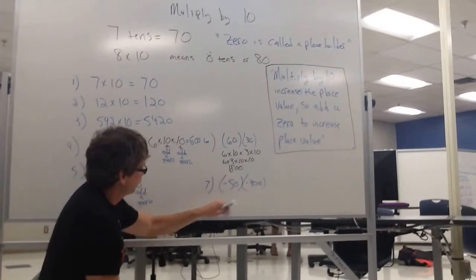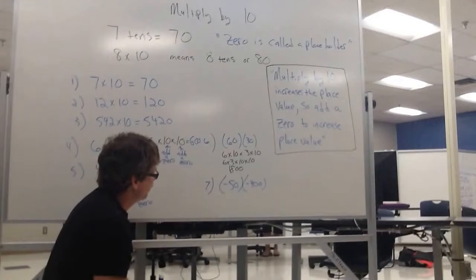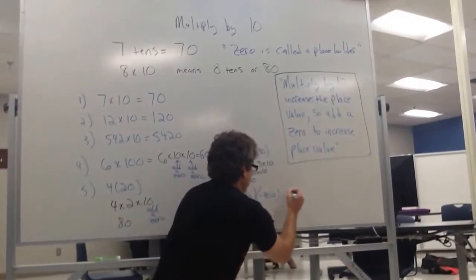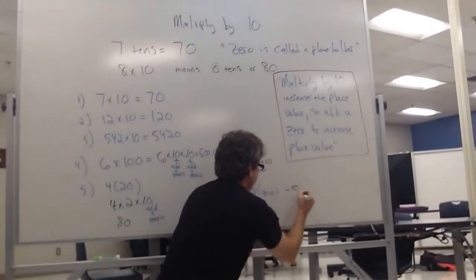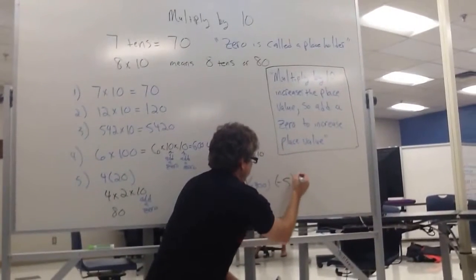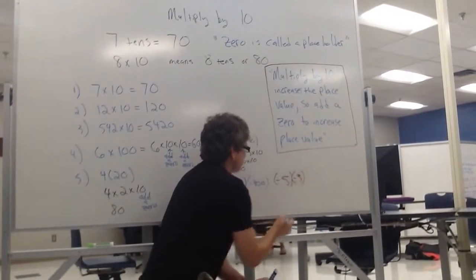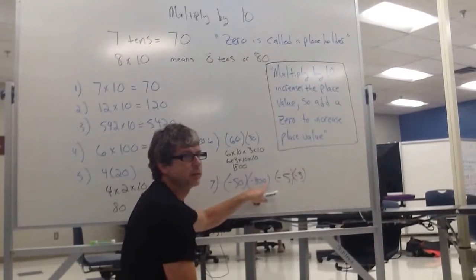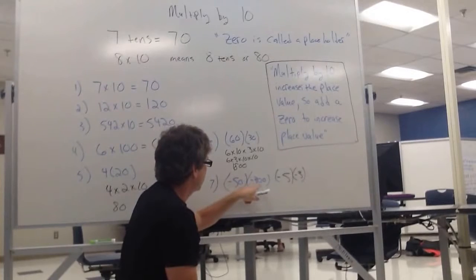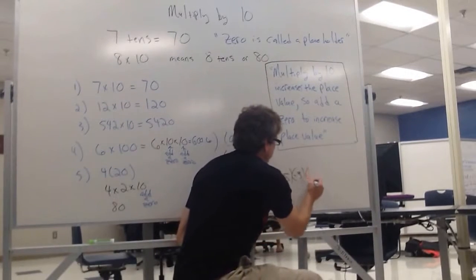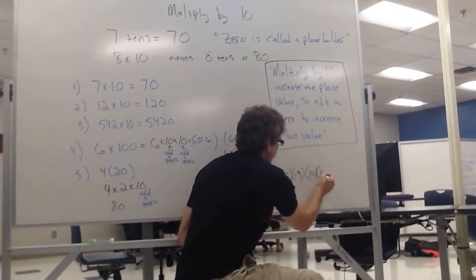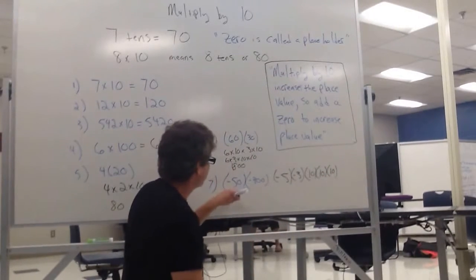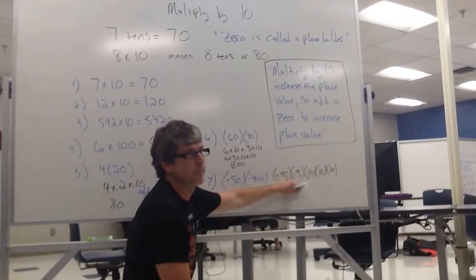So when I look at this last example, I have negative 50 times negative 300. If I look at this problem, a way to look at this is simply say I have a negative 5 times a negative 3. And then each zero is going to mean that you're multiplying by 10. So I'm going to multiply by 3 tens. So that means multiply by 10, multiply by 10, and multiply by 10. So I can model this problem like this.